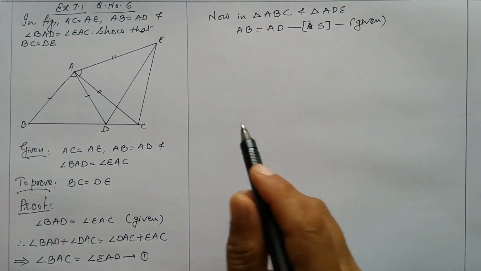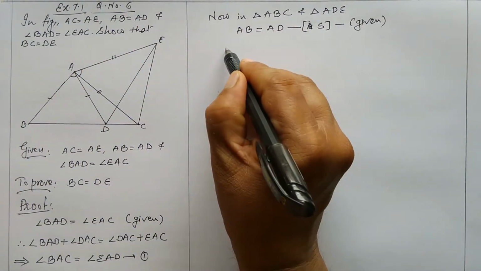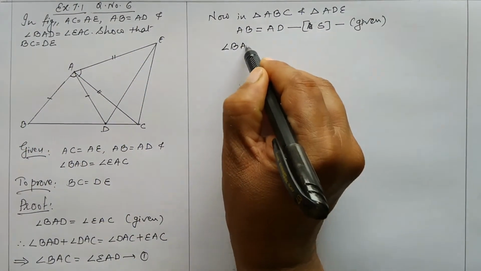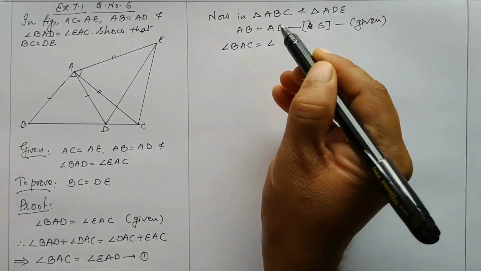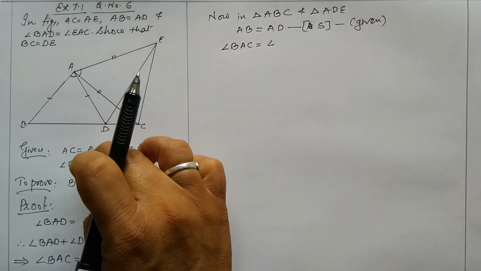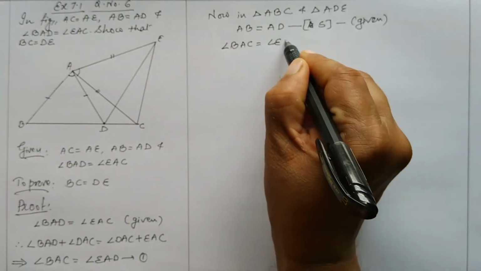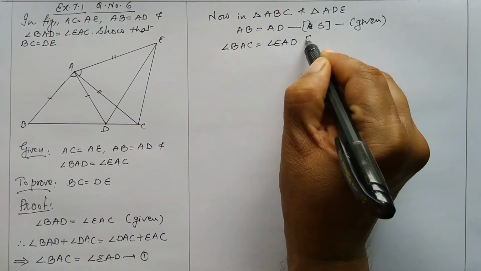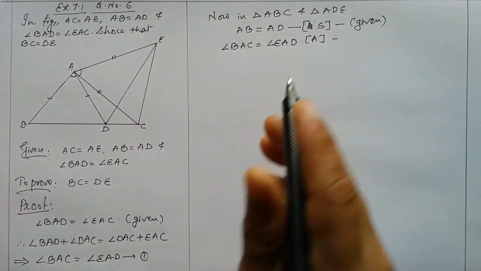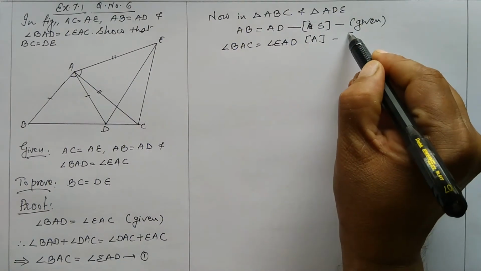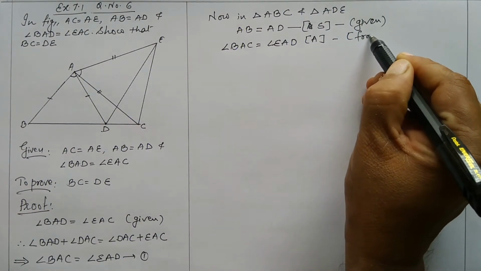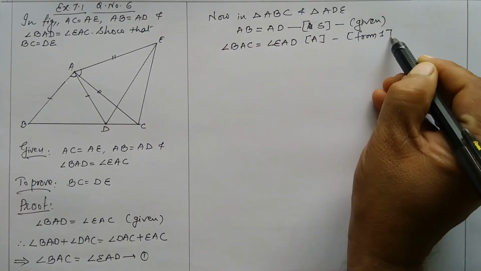Then angle BAC is equal to angle EAD, or you can write DAE. I will write EAD. So this is angle from where? From result number 1. So I will write here: from 1 we are getting this.